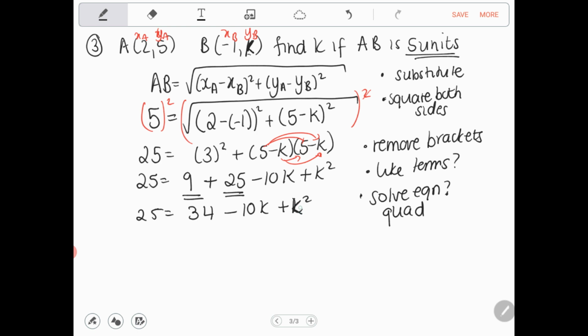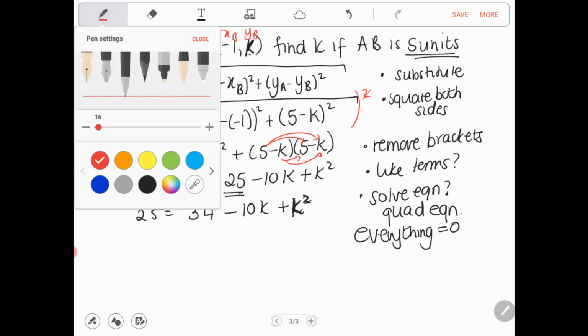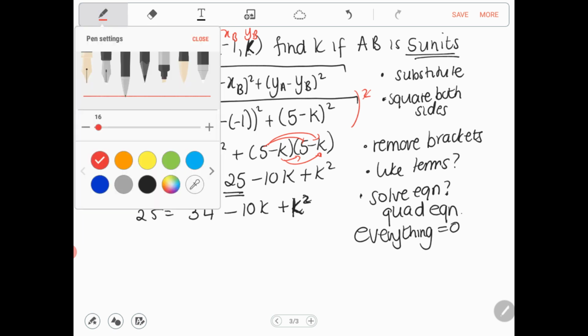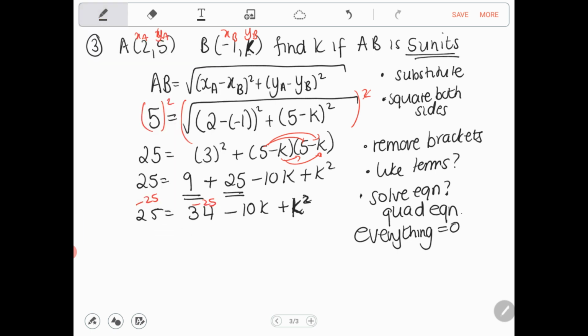Okay, we have a k squared, and if you have a square, then it probably is a quadratic equation. So you want everything on one side and a 0 on the other. It doesn't matter which side it is, as long as you've got a 0 on one side and everything else on the other. So I'm going to be moving this 25 over to that side so that I end up with a 0 here.